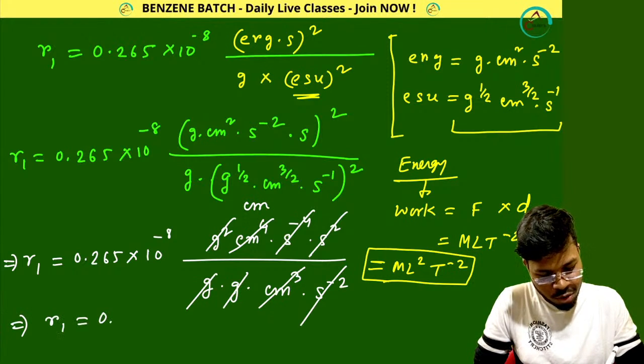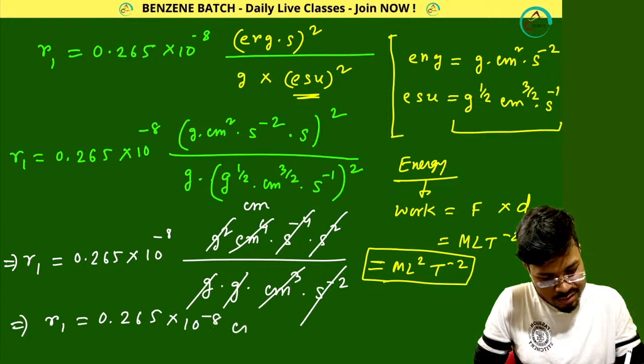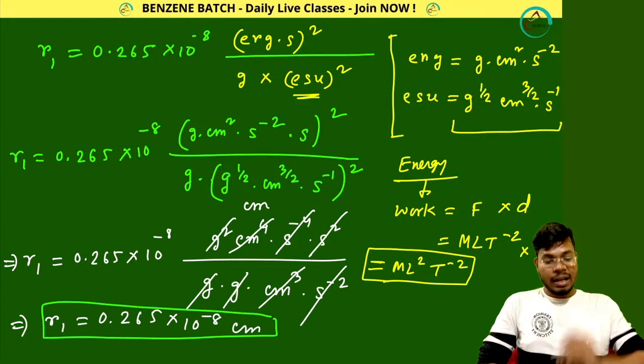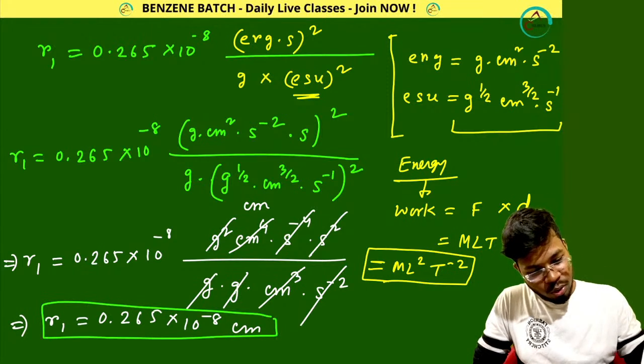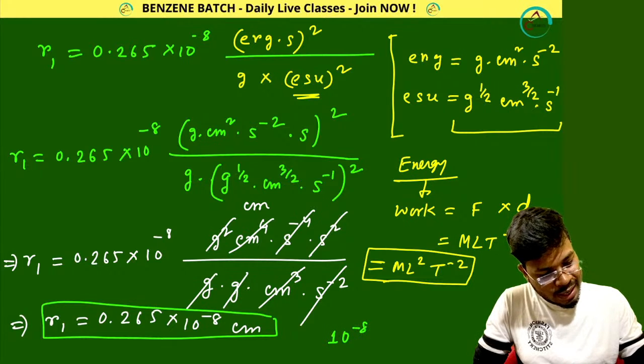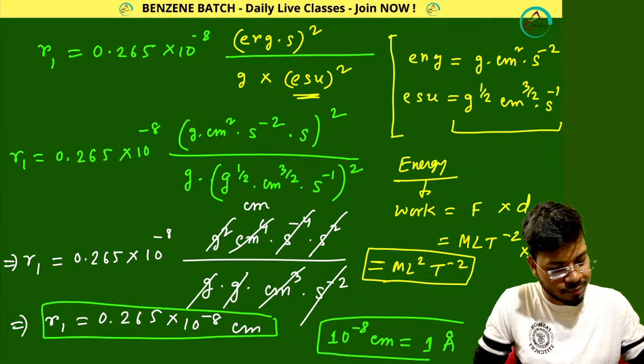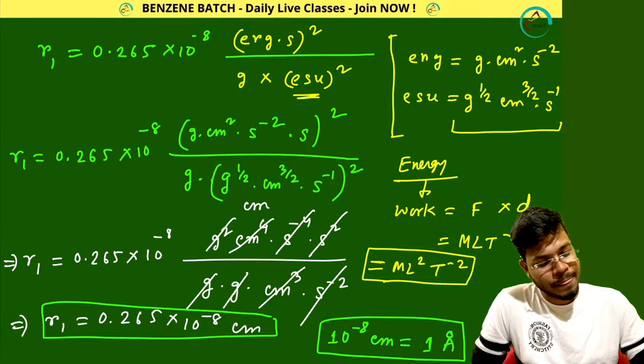R1 equals 0.265 into 10 to the power minus 8 centimeter. This is your answer. If you don't know, remember that 10 to the power minus 8 centimeter equals 1 Angstrom.